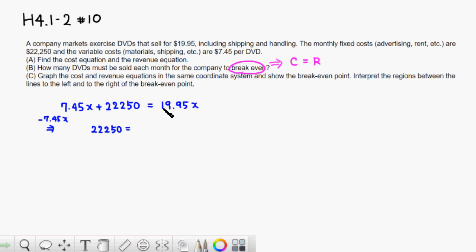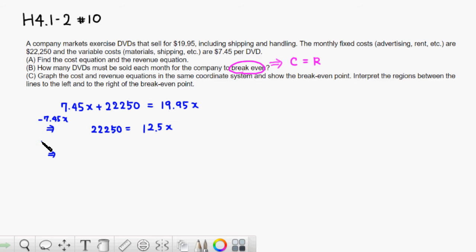So 19.95 minus 7.45. So 5 minus 5 is 0. 9 minus 4 is 5. And 9 minus 7 is 2. And you have a 1. Right? So you have 12.5.